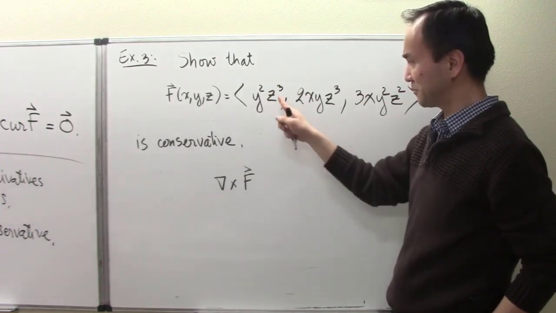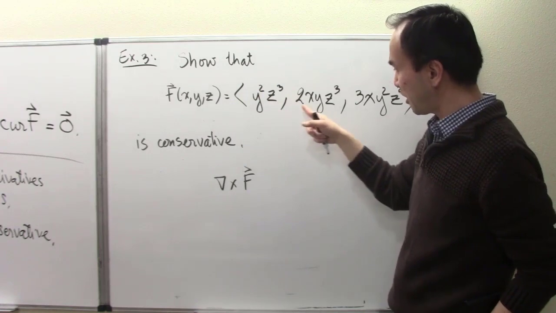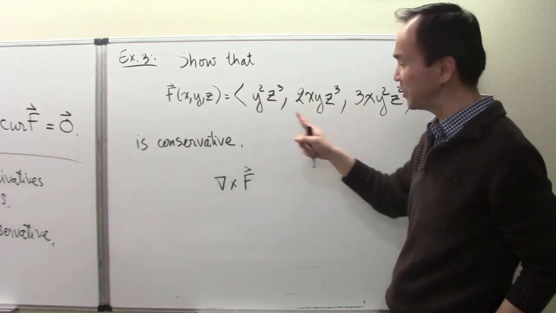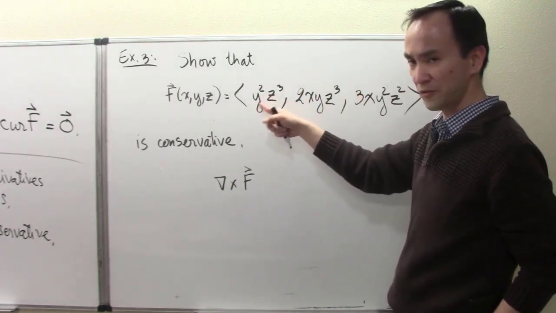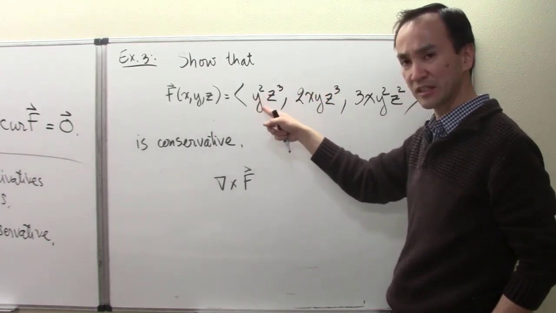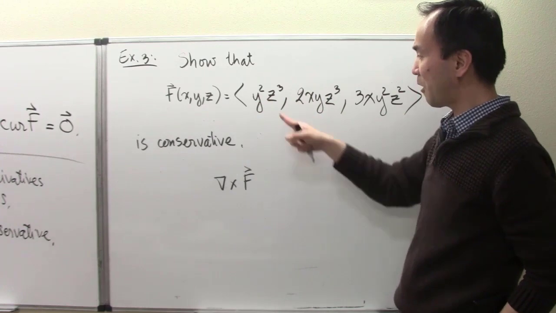And so we have the first requirement checked. Then these are all just powers of x, powers of y, and powers of z, so we can find partial derivatives easily, and the partial derivatives are further powers of x, y, and z. My point now is that the partial derivatives are all continuous here for all three components.